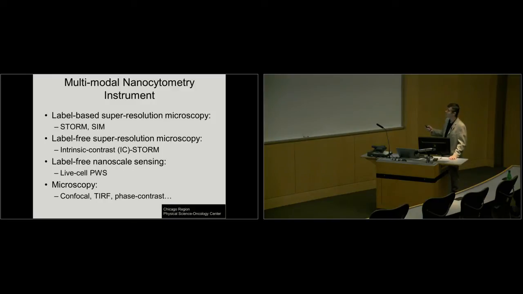Live cell partial wave spectroscopic microscopy, and again conventional techniques such as confocal, total internal reflection, phase contrast, et cetera. So really, the question is not so much what microscopy techniques are co-registered by this instrument. The question is more what techniques are not co-registered by this instrument, because it pretty much covers every single microscopy technique that would be of interest.